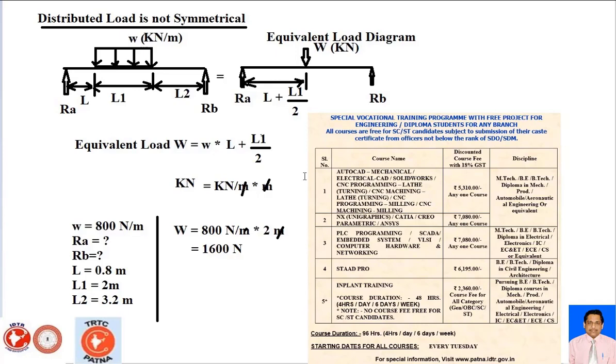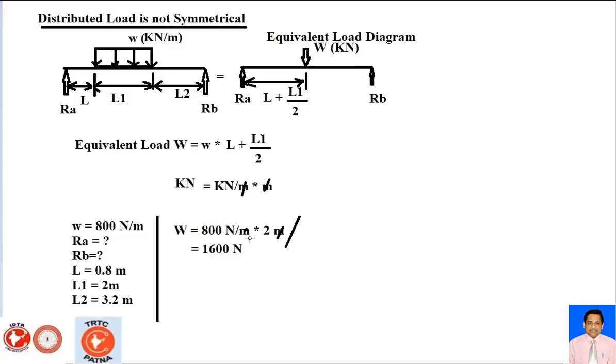Y is written down here as 2 meters, the distance from here to here, and then after that you divide here by 1 meter. 800 Newton, then after that you divide by 1 meter from here, just watch. So this is your 2, and going to the center, this is your 1 meter. So also you have to write down here, in the same manner, 1 meter.